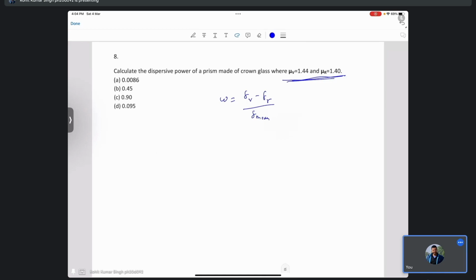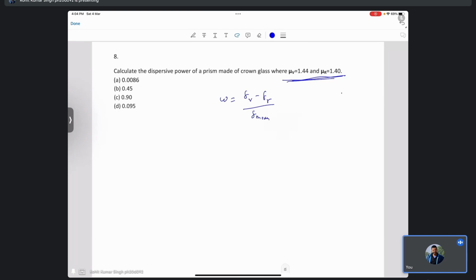Anyone? Do you know any other formula that can be used here?